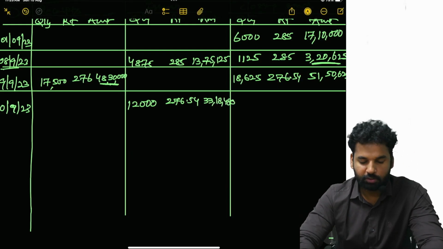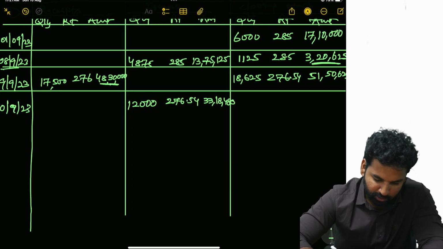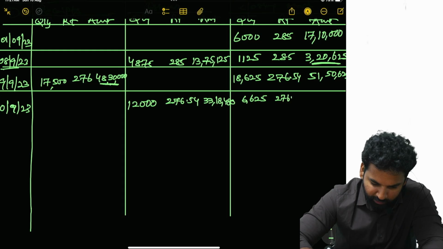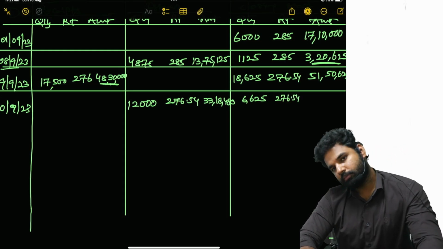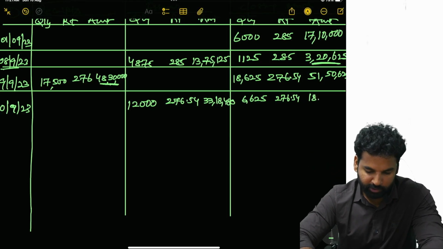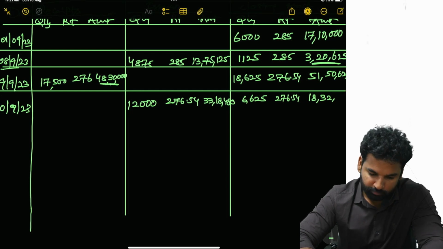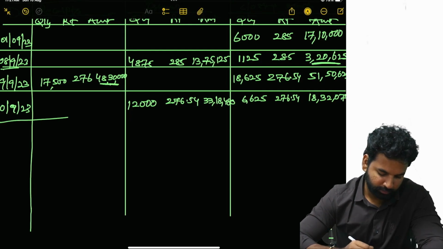So this is the value of the material issued. So remaining balance will be how much? 6,625 at 276.54, which is 18 lakhs 32,077. Got it? Right.